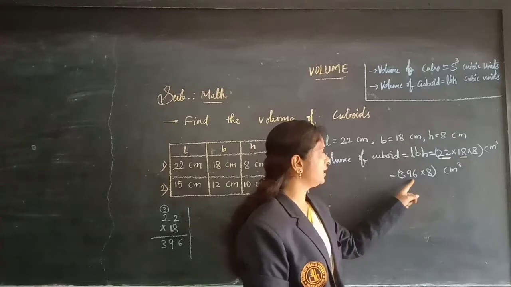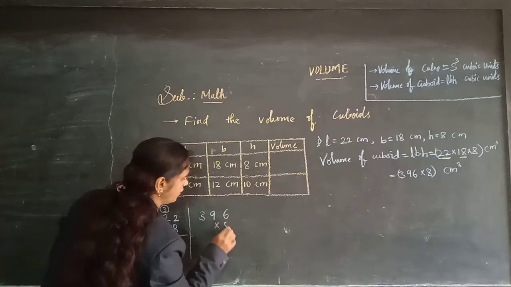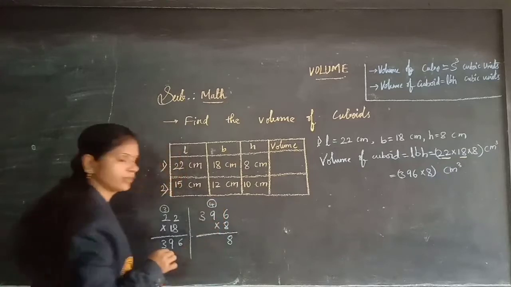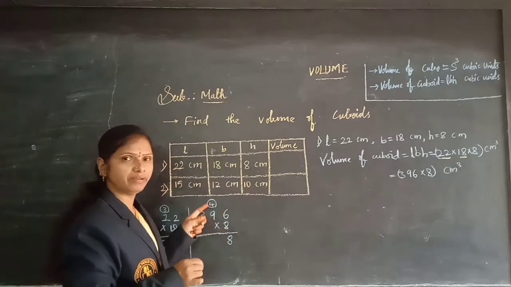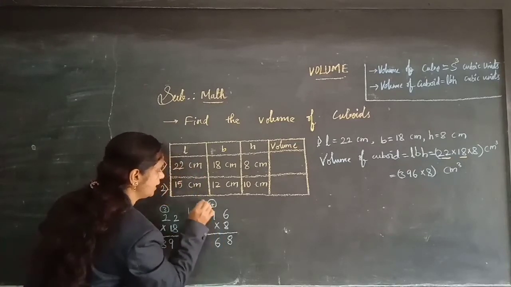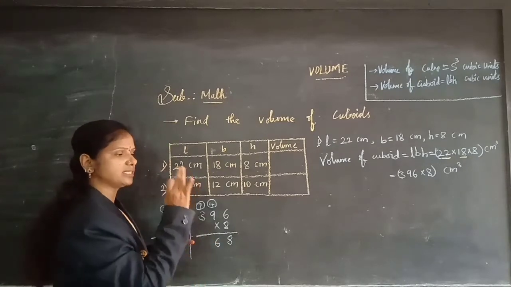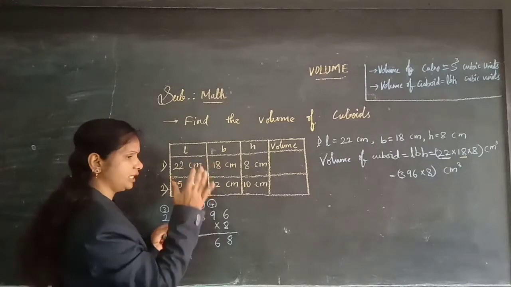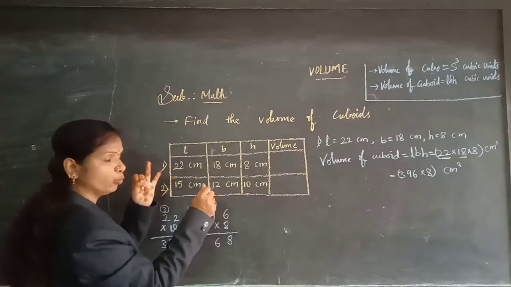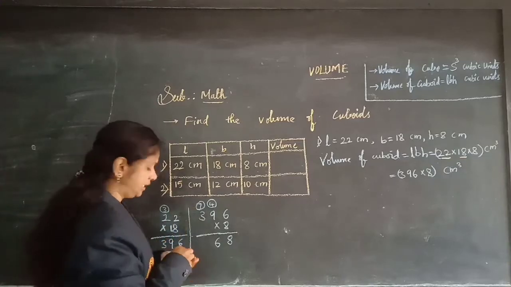Come on then, here 396 into 8. Let's multiply. 8 sixes are 48, 8 and 4 carry. Now 8 nines are 72, 72 plus 4 is 76. 6 and 7 carry. 8 threes are 24, 24 plus 7 is 31.